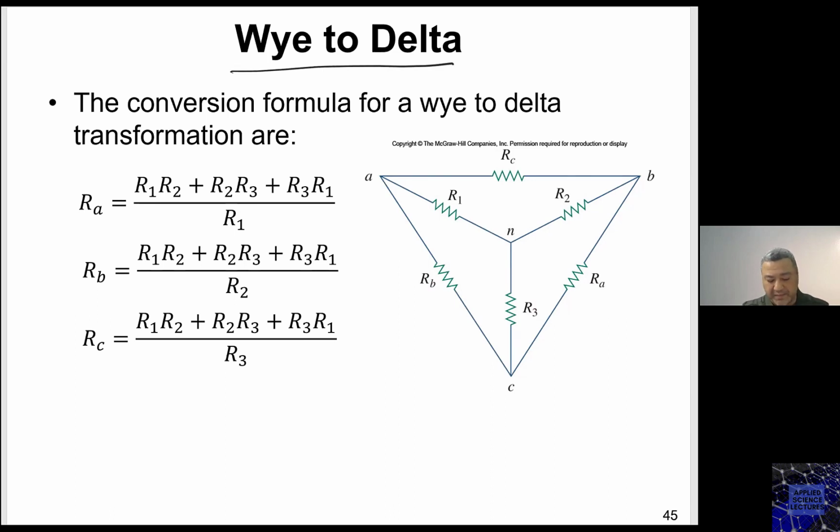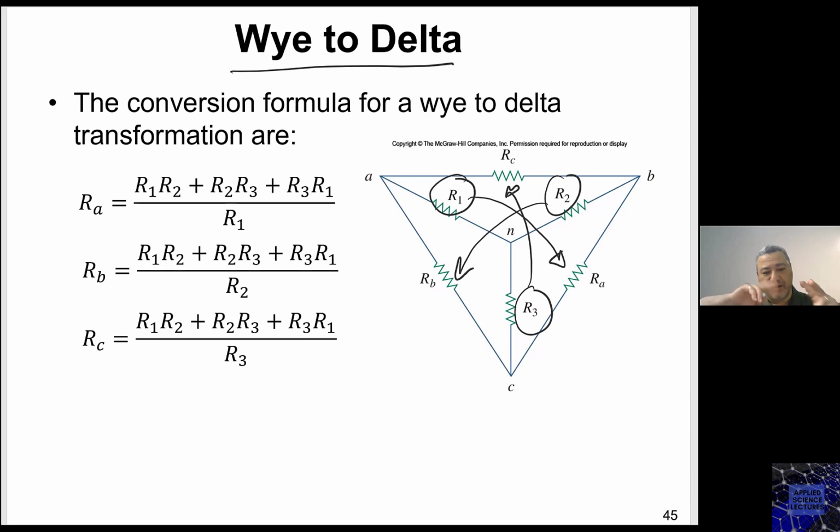In this case, if you maintain the same orientation for R1, R2, RB here, and R3, RC, the numerator will be the same for all of them.